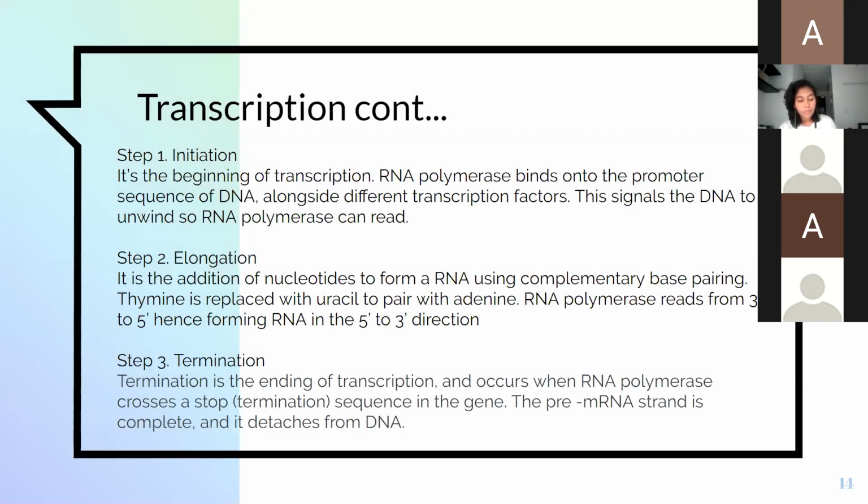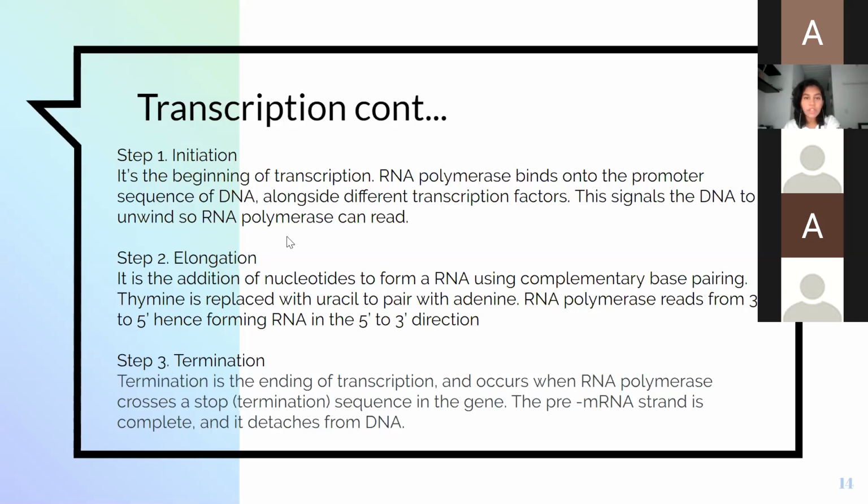RNA polymerase binds alongside different transcription factors, which are just different proteins that either promote or don't promote transcription. With different transcription factors and RNA polymerase, this signals the DNA to unwind, so RNA polymerase can read and initiate transcription.